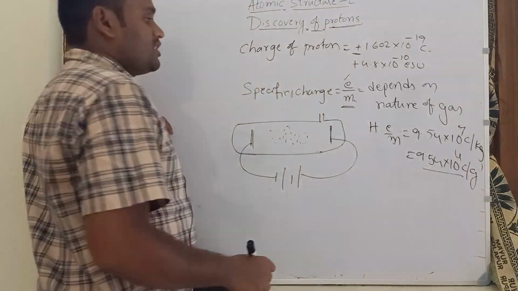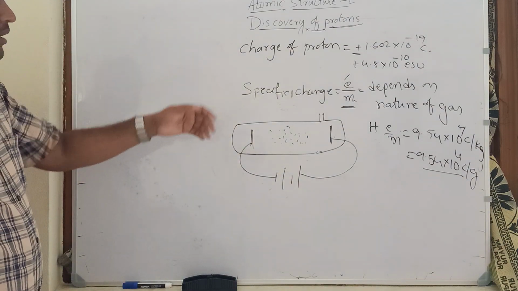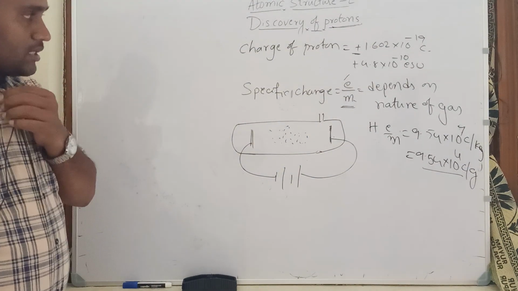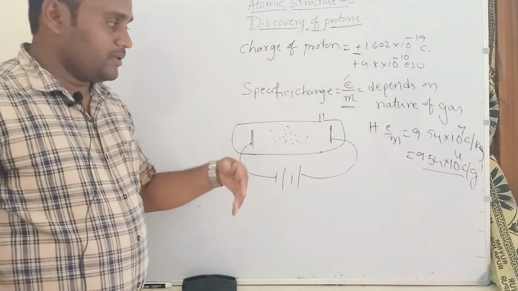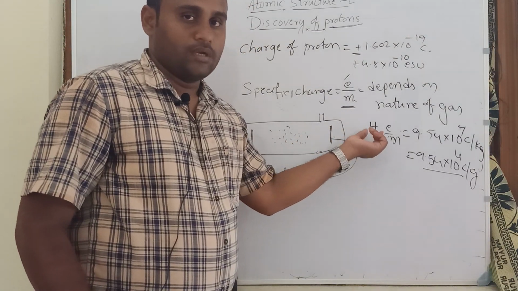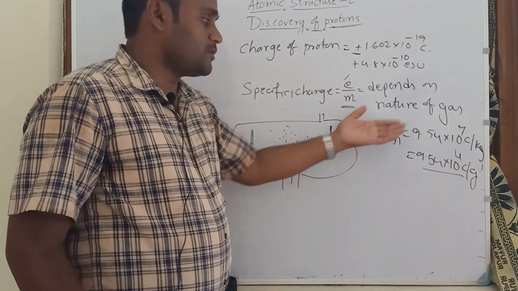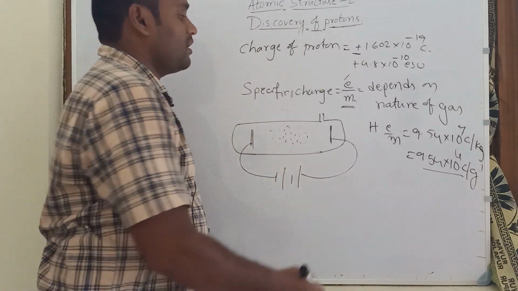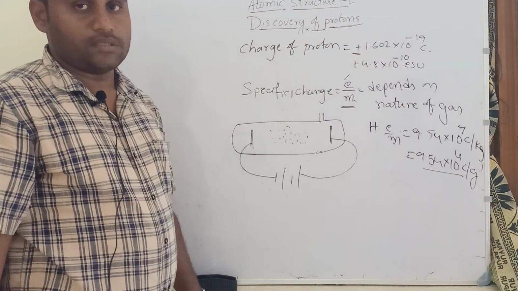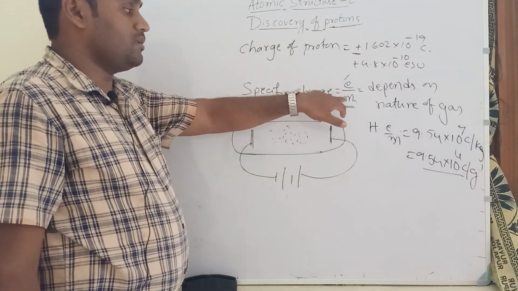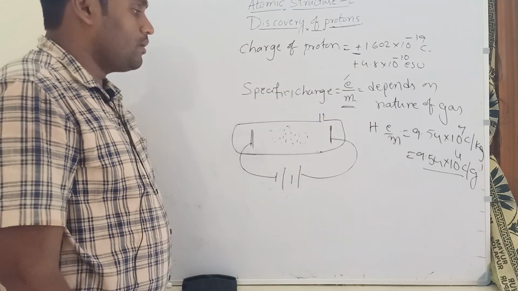This is the specific charge of the proton, meaning the specific charge of hydrogen. So when you take helium gas, the specific charge still decreases. Why? Because the mass of helium increases, which means the mass of the gas increases, so the specific charge decreases.